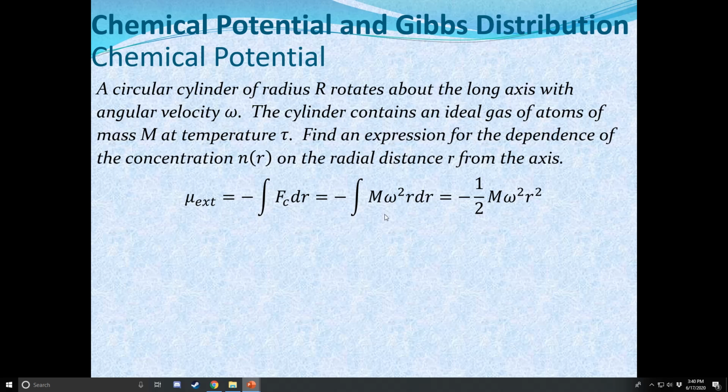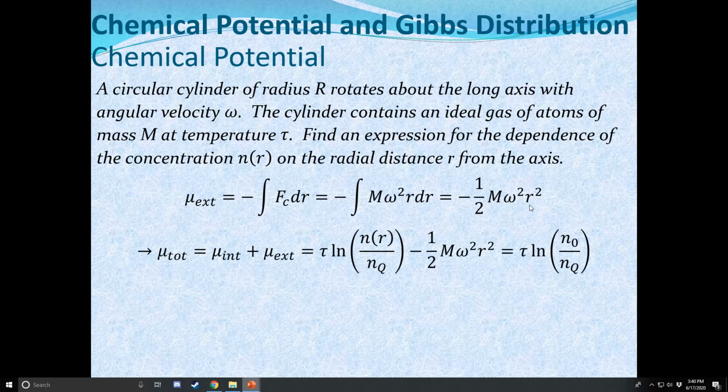So plugging in an equation for the centripetal force, it's m omega squared r dr. So from here, all we have to do is integrate r with respect to dr, and it just turns into half r squared. And from there, we pretty much do the same thing that we did last time. Of course, if you want to incorporate the shortcut, you could do it here.